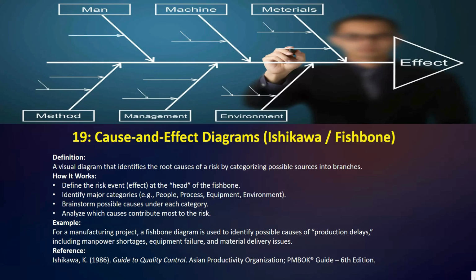You often brainstorm and list specific causes under each category to find the root of the problems. Here we have an example for a manufacturing product. A fishbone diagram is used to identify possible causes of production delays, including manpower shortage, equipment failure, and material delivery issues.